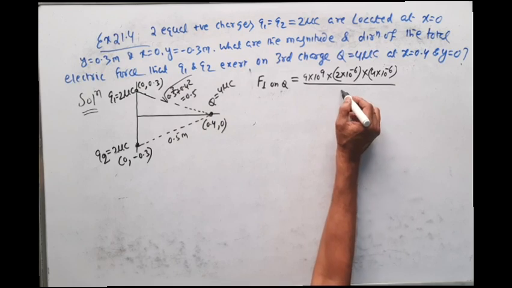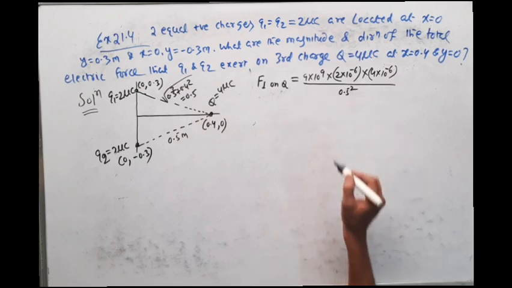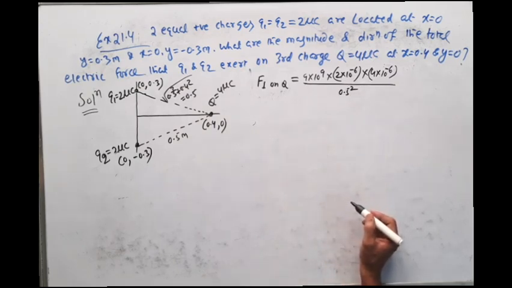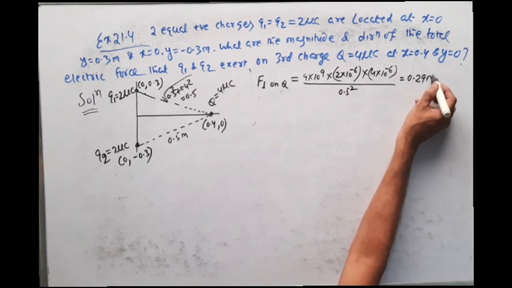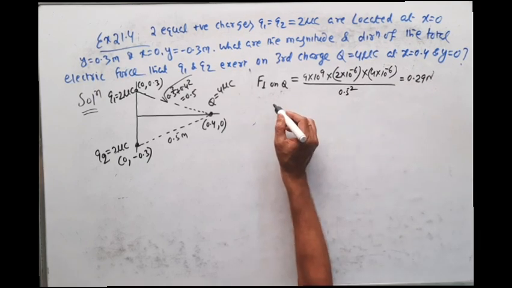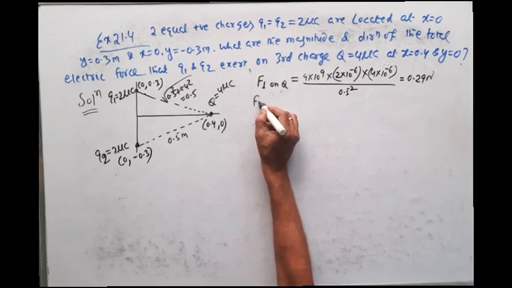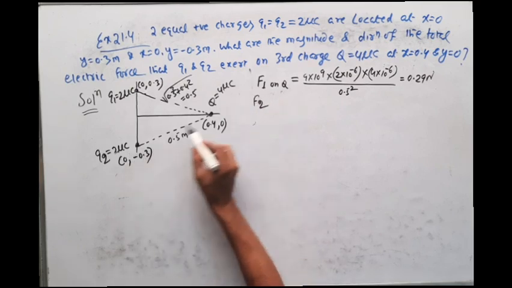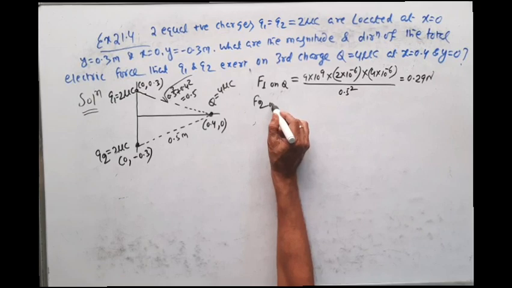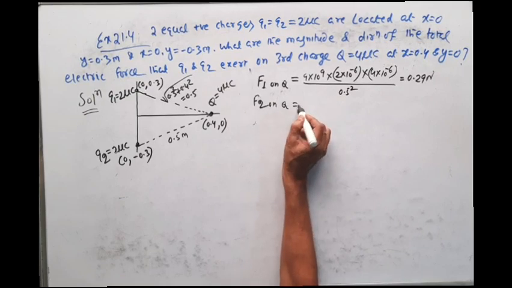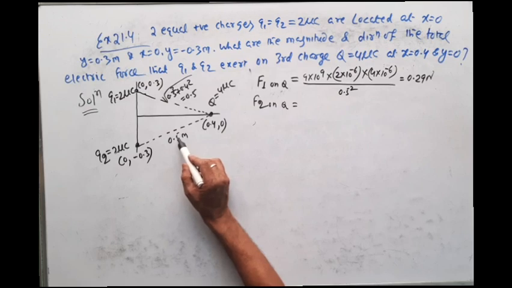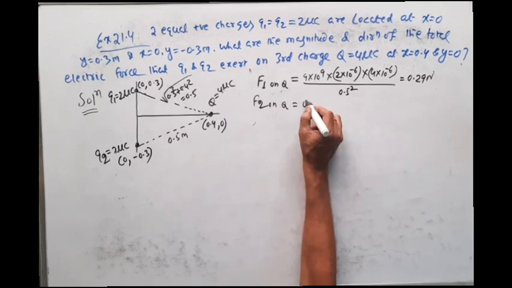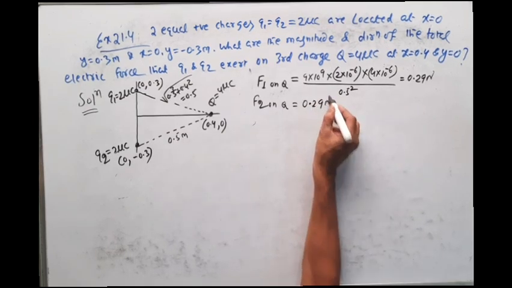What is the distance here? 0.5, so 0.5 square. If you calculate, it will give 0.29 Newton. Similarly, we can find the force by Q2 charge on Q, which I can say is F2 on Q. It is the same. Magnitudes of charges are both same, distance is same, 0.5. So you will get the same result, that is 0.29 Newton.